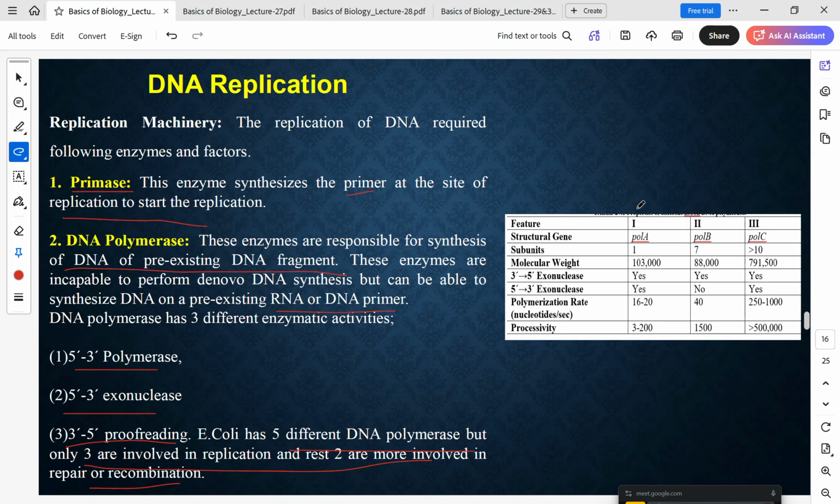So in case of E. coli, the polymerases involved are Pol A, Pol B and Pol C with specific effects. So in case of Pol B, there is no 5 prime to 3 prime exonuclease activity. The polymerization rates, or the rates at which they elongate the DNA, are very different in all of these 3 cases.